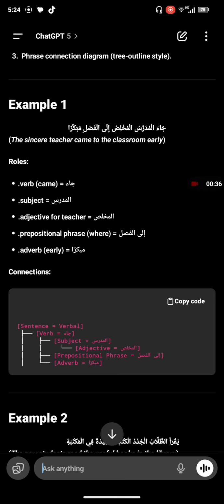sentence in example one, what the verb is, and whether it's a verbal sentence, which it is. It's ja'a, that's the verb. The subject is mudarisu, mudaris. Al-muklisu is the adjective.